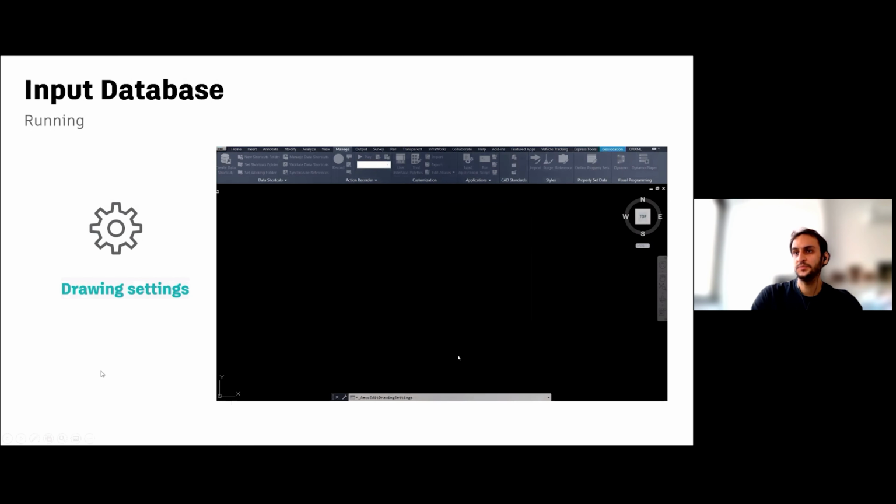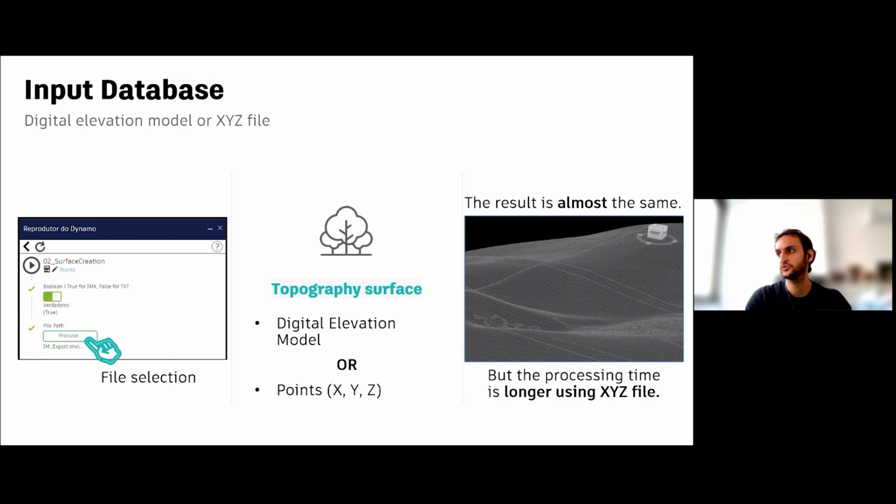The second script is related to the topographic surface. Here we have the most challenging situation. We know that this procedure is relatively simple in the CV3D tool, but we find it interesting to insert it as a script to avoid the user forgetting to put it in the model.